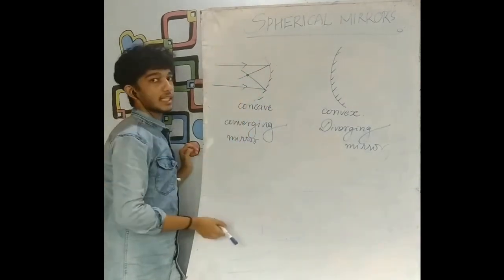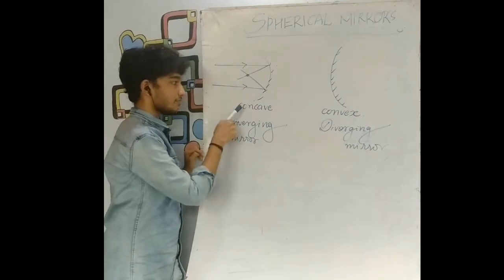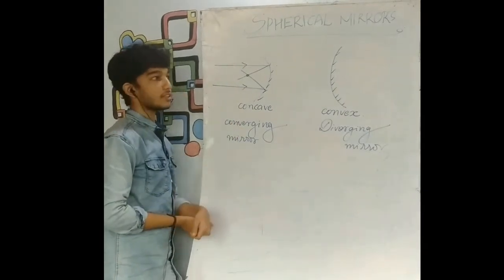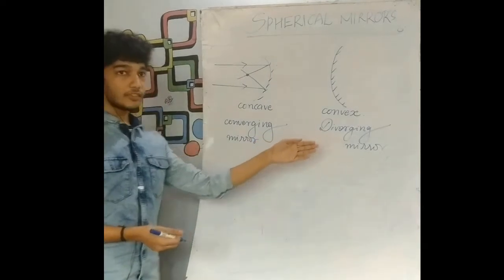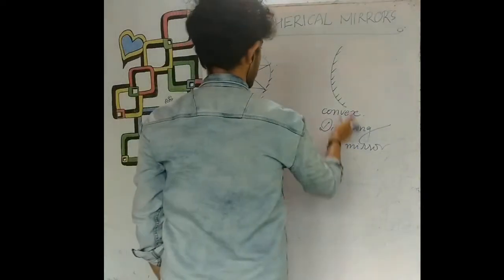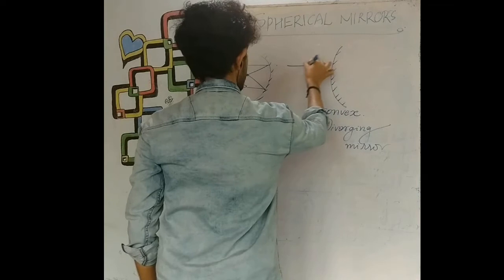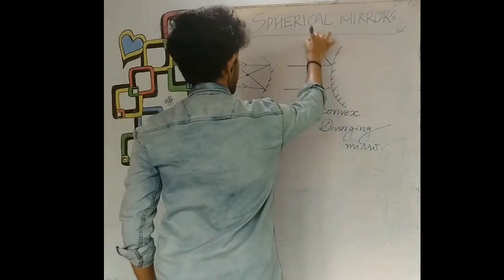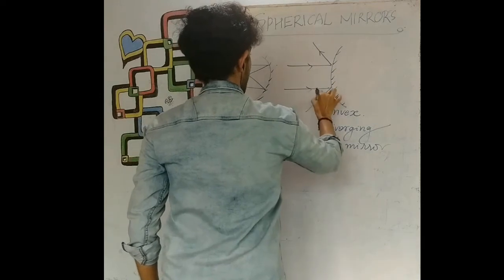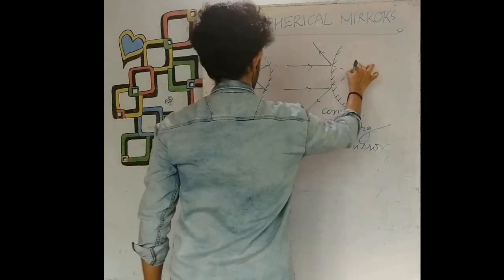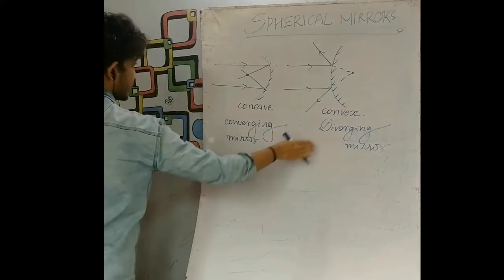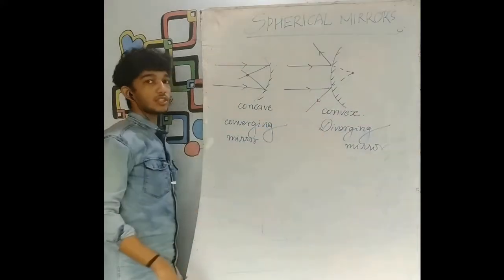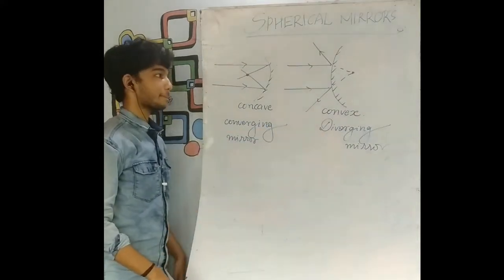That means they converge at a point. This is the reason why a concave mirror is also known as a converging mirror. But in the case of a convex mirror, which is known as a diverging mirror, when a beam of light is incident on it, after reflection, the rays appear to diverge from a point. This is the reason why a convex mirror is also known as a diverging mirror.